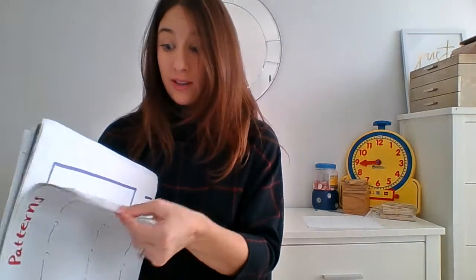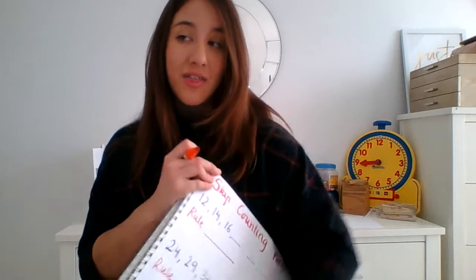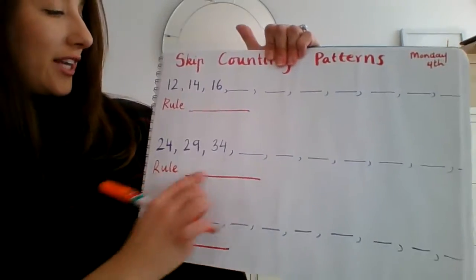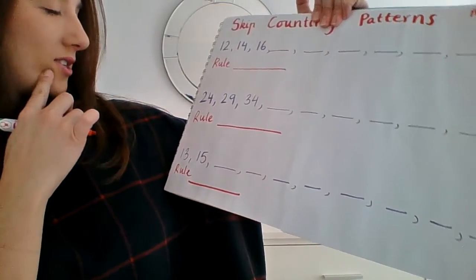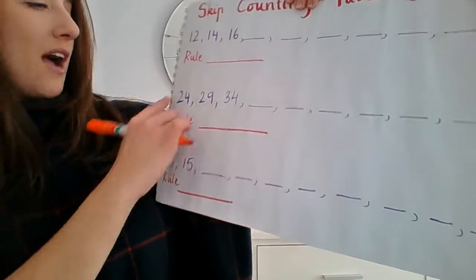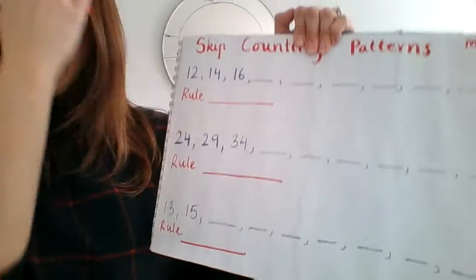Okay, now when we're skip counting by fives or tens or twos or anything, just when we're skip counting, the numbers might not always start with 0, okay? Let's have a really quick look at this one with you, okay?